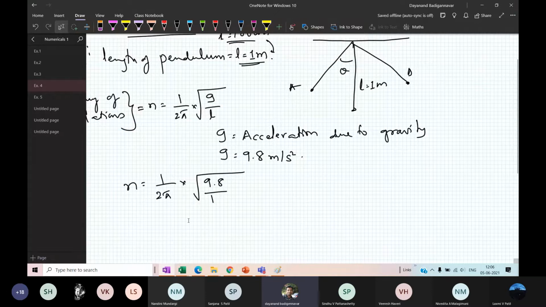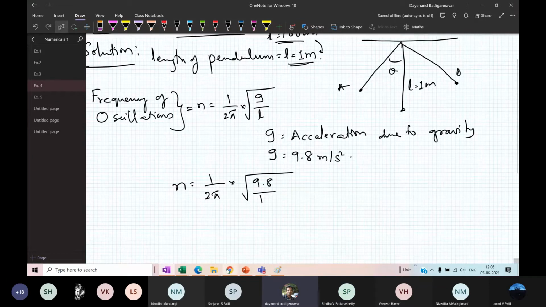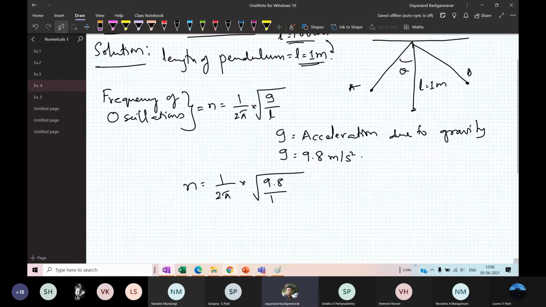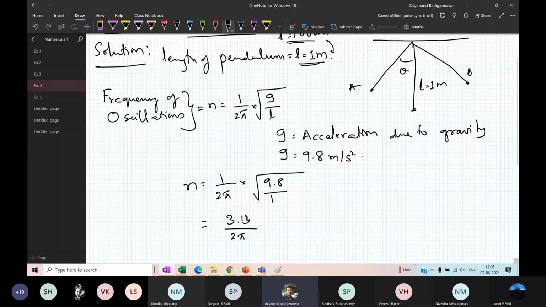Root of 9.8 is 3.13. Divided by 2 pi. So 3.13 divided by 2 into pi.